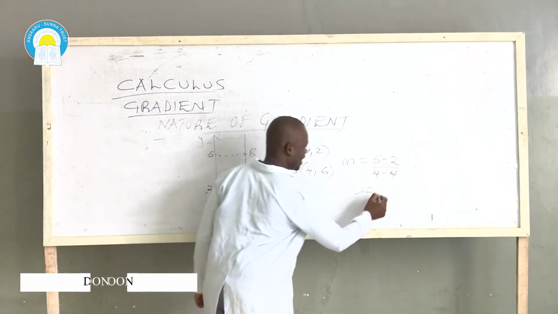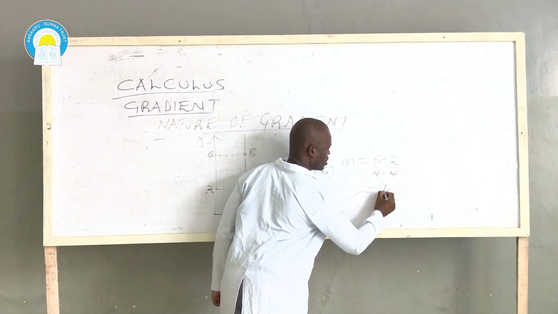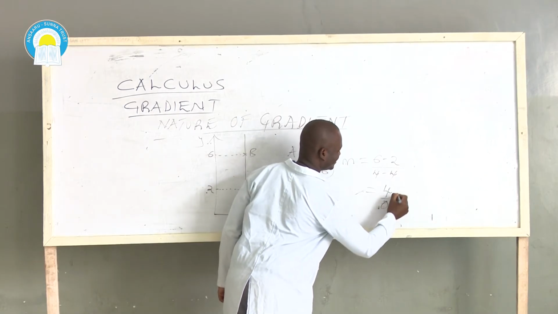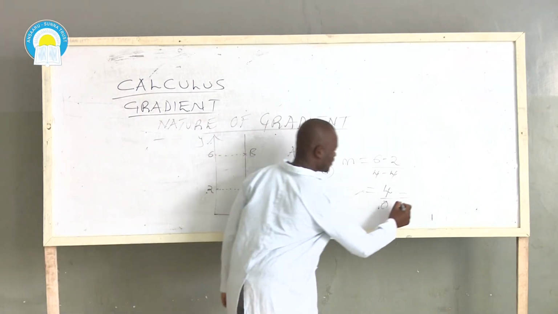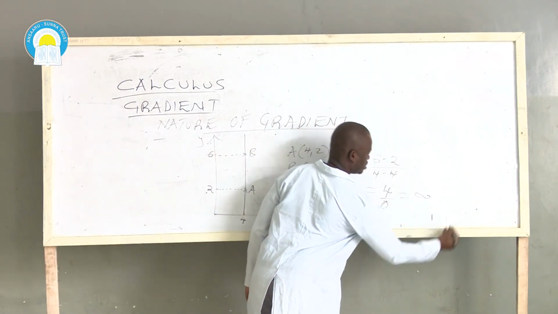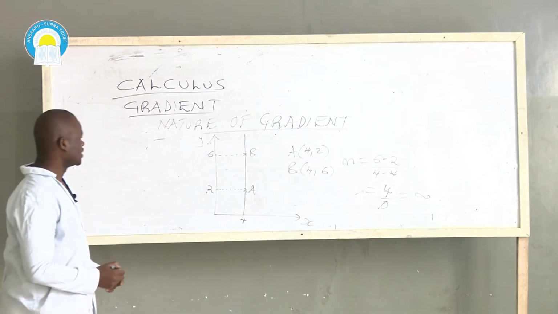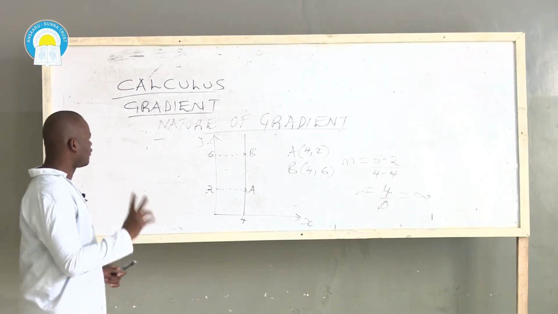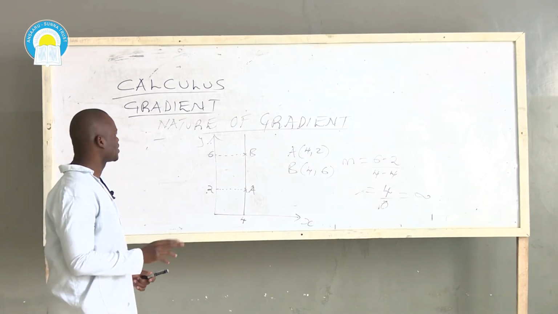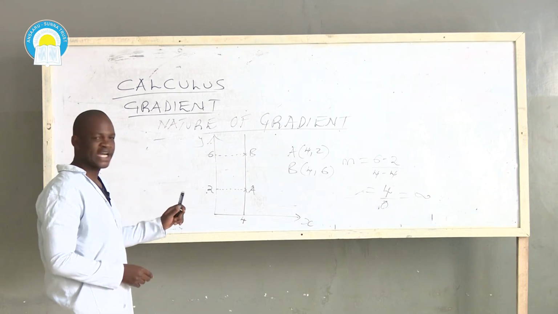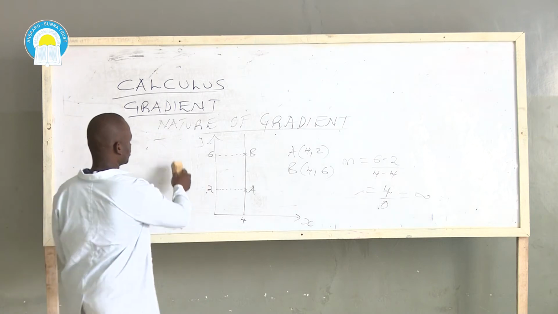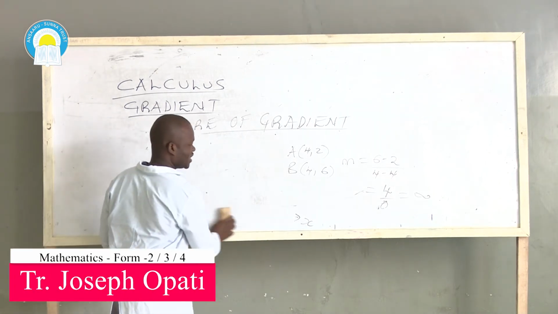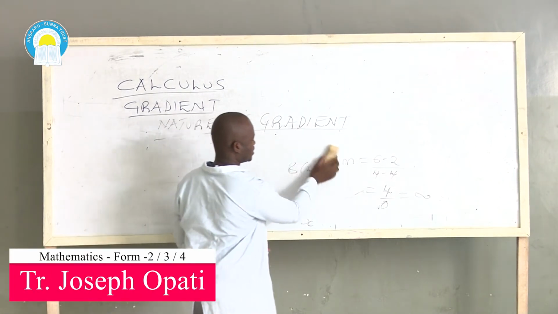In the end, I have 4 over 0. We said a number over 0, you get what? Infinite. Okay, we are done. So I've mentioned what? 4 key natures which the gradient of a line can assume. And I want to give a summary of that quickly. Of course, now using diagrams.